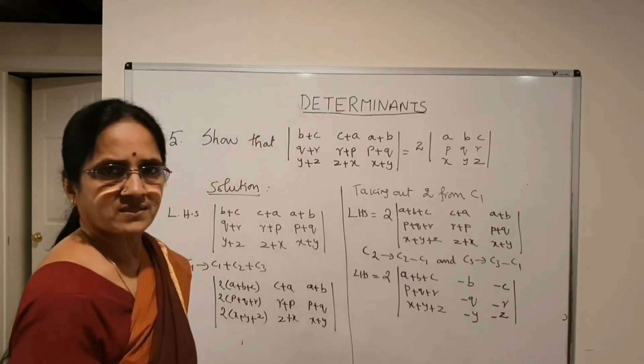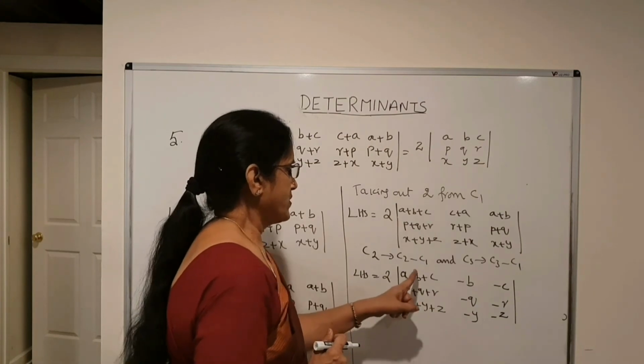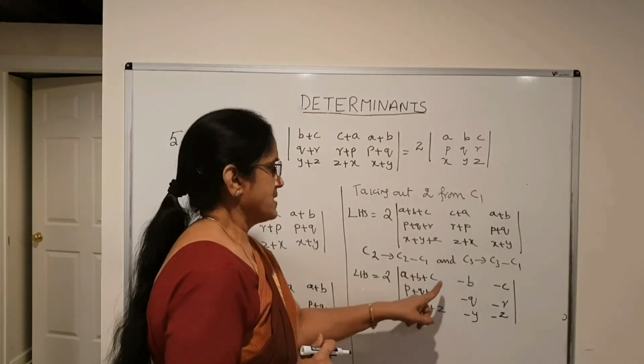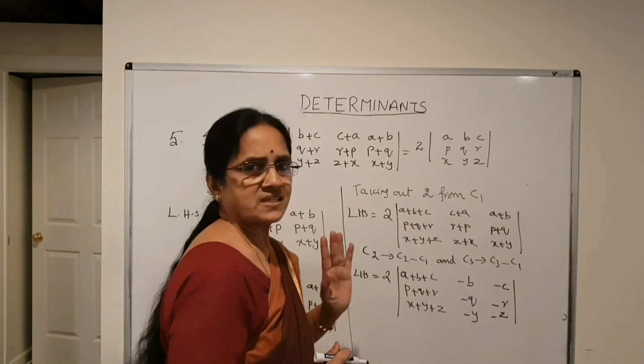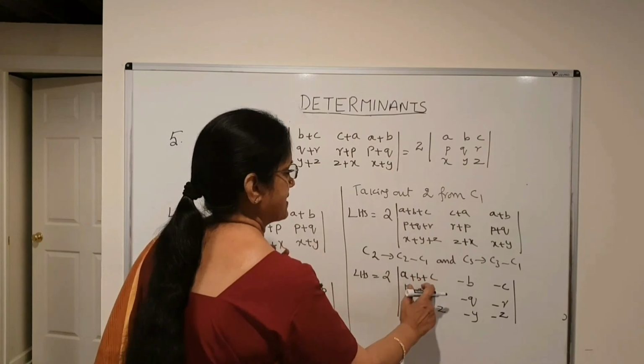This is what I am getting. Okay, now what I am going to do is, I am going to write C1 as C1 plus C2 plus C3. Then what will happen? Plus B minus B, plus C minus C will get cancelled.